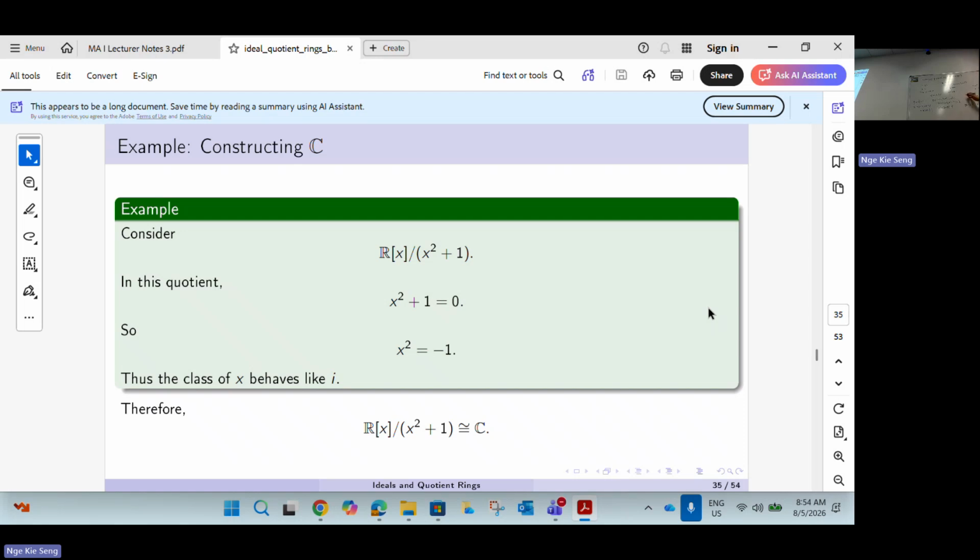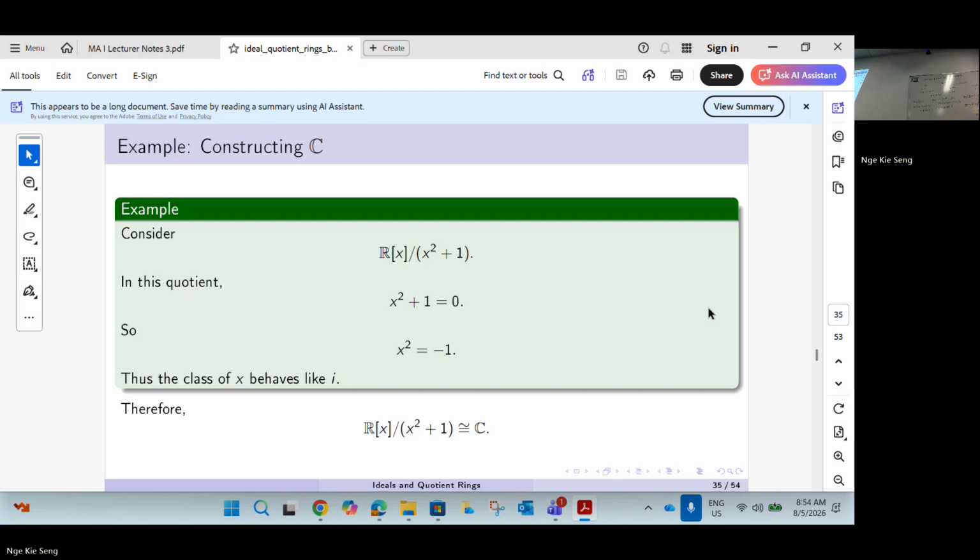If the ideal generated is x squared plus 1, then we just want to see f(x) equal to 0, and then we have x equal to plus or minus i. We just apply g(i) and g(minus i), the high school one. And then we can find the remainder, and the remainder is inside this.